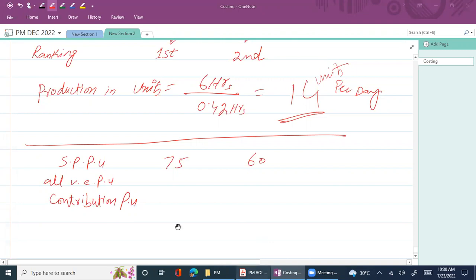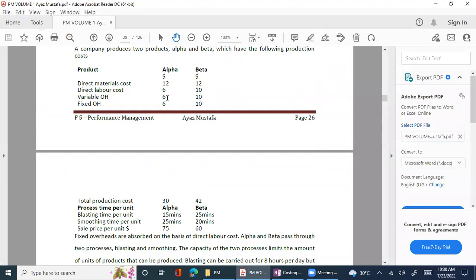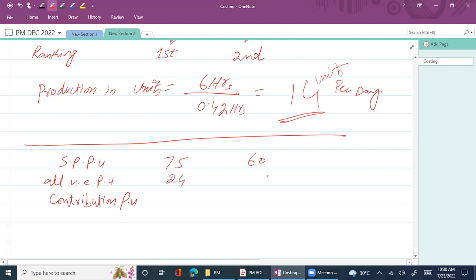The variable cost per unit is 12 for material plus 6 for labor plus 6 for overhead, so there will be 24 for alpha and 32 for beta.